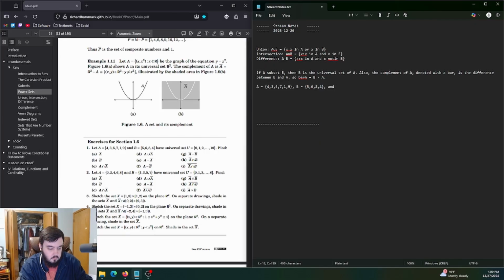And U is 0, 1, 2, 3, 4, 7, 8, 9, 10, the universal set for both. We don't often see this. Universal set, complements. I feel like this is something you don't use a ton. Probably I don't really remember it.